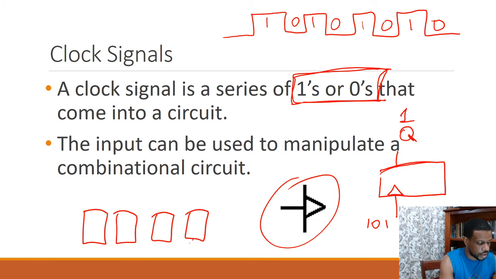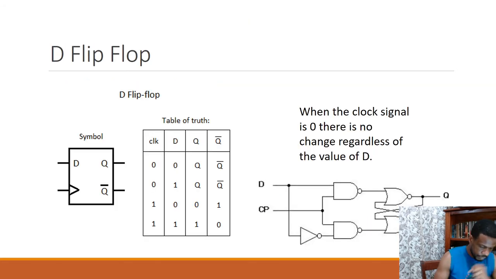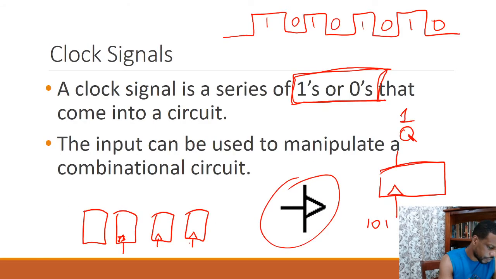So what that means is if I have a bunch of flip-flops put together like this, I could send a clock signal here, and I could send a clock signal here on the set. I could send a clock signal here on this one. And if I vary the clock signals, what I could end up having is 0 0 0 0. And then, based on the clock signal, I could have this one change into 1 0 0 0 0. Then I could change this one back to 0, and then change this one to 1.